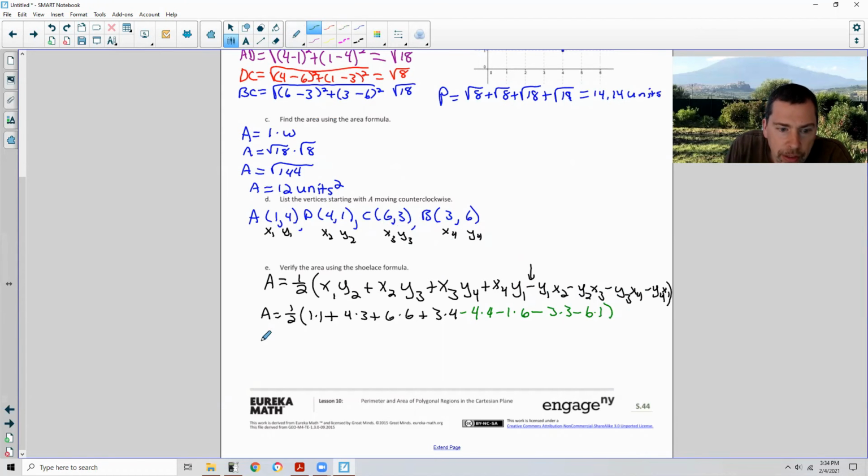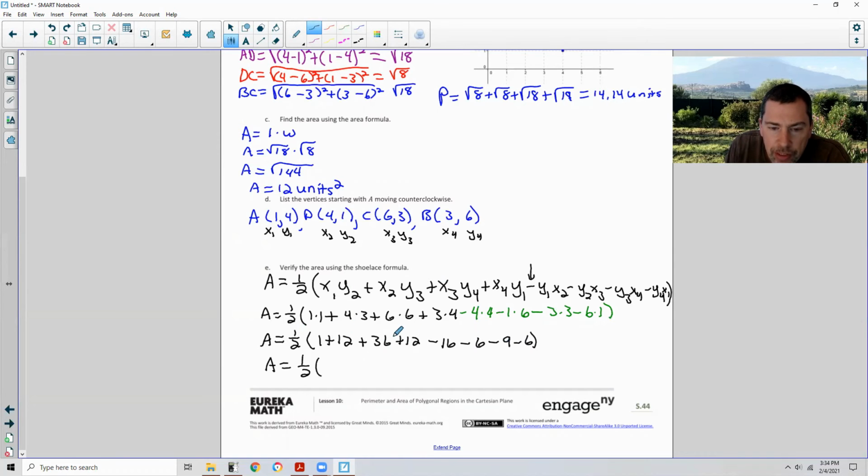Okay, now it's going to start getting easier. A equals 1/2, parentheses, 1 times 1 plus 4 times 3 plus 6 times 6 plus 4 times 3 minus 4 times 4 minus 1 times 6 minus 3 times 3 minus 6 times 1. So the area is going to equal 1/2.